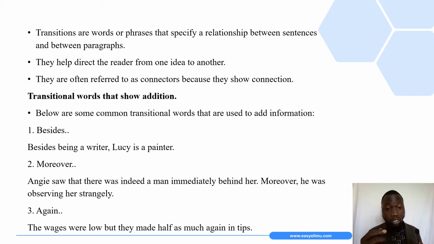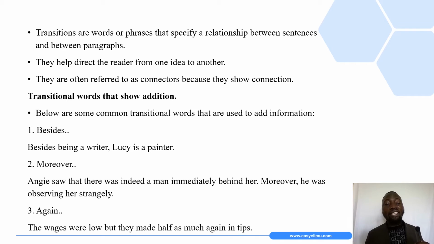They have got different uses actually. For example, there are also other uses apart from the one that we are going to look at, that is use of transitional words that show addition. We have got those that are used to show sequence.